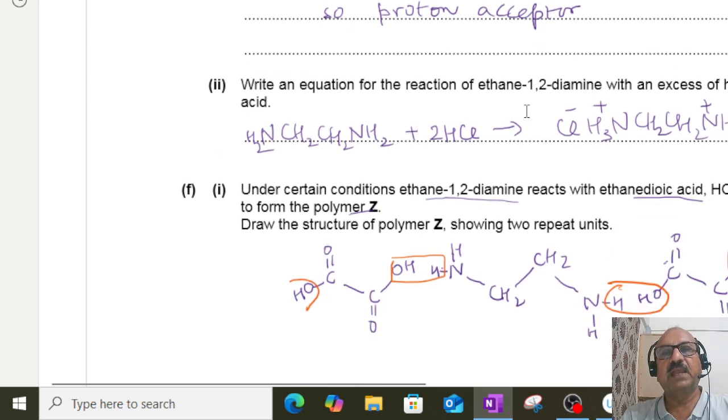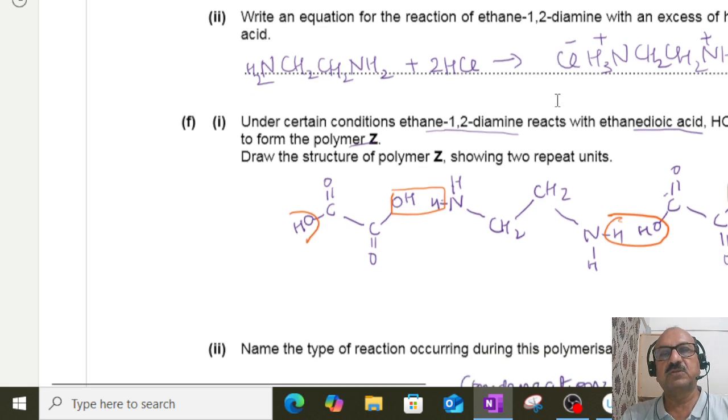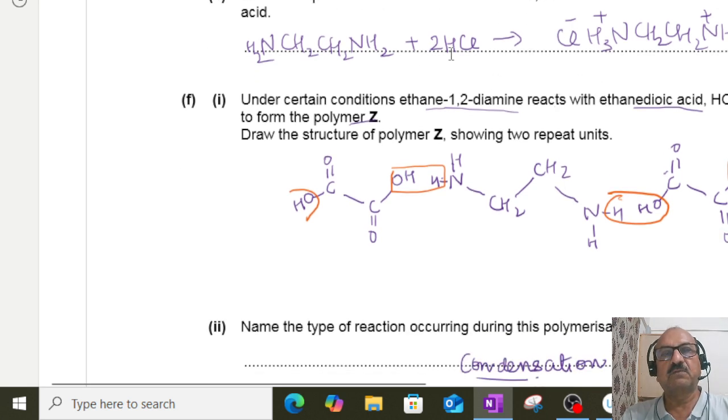Because it's a base, it can react with hydrochloric acid, or any acid, and the NH2 groups can get protonated. They will become NH3+, NH3+, and then they will be surrounded by the negatively charged chloride ions forming an ionic bond, and therefore this will be the equation for the reaction of ethane-1,2-diamine with 2 moles of hydrochloric acid.